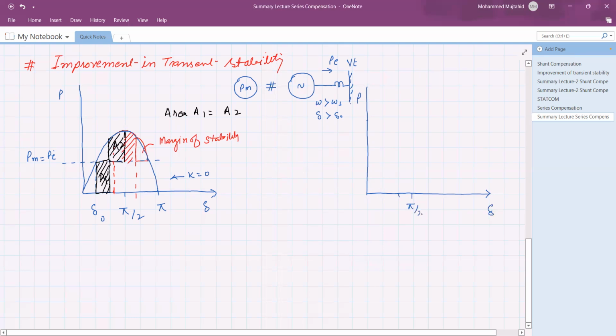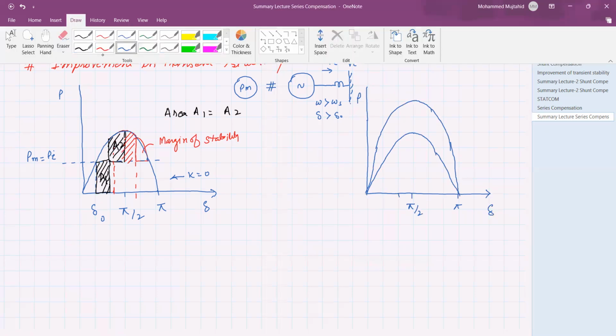But if you increase the K, that is the series compensation, the degree of compensation, this would be the new P-delta curve. This is the new curve.